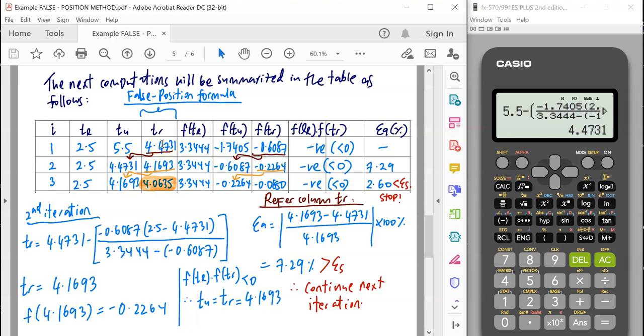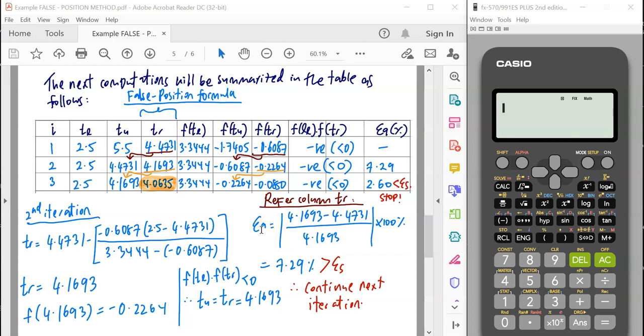Now let's look at how to calculate our approximate percent relative error.